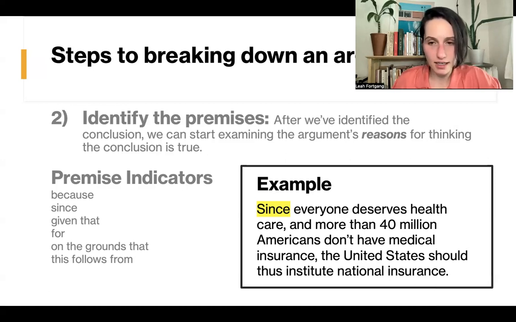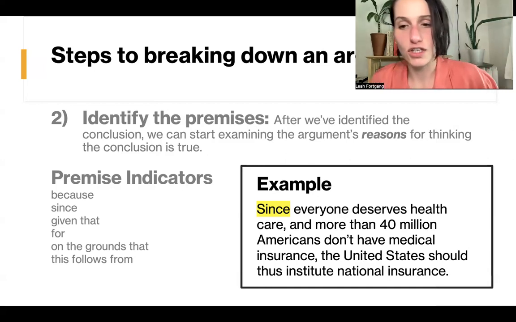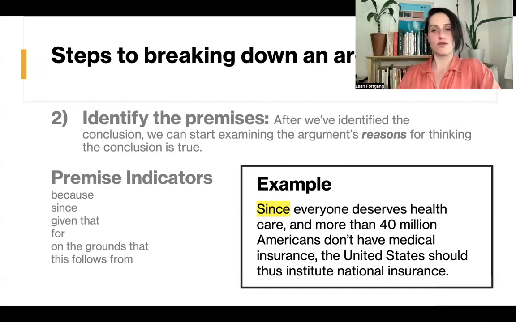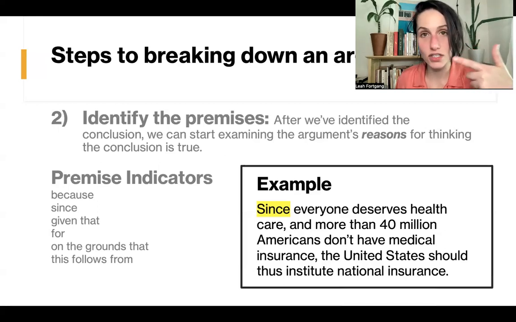And here, it's this point that the United States should institute national insurance, right? So this person is arguing for universal health care. And the reason that they give is that everyone deserves it and a ton of people in the United States don't have it.